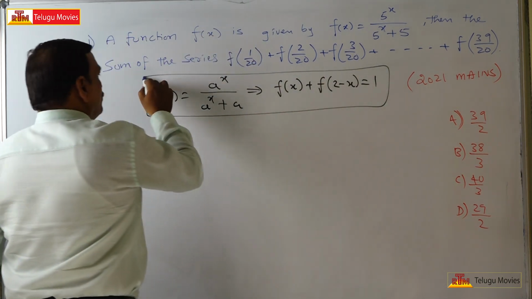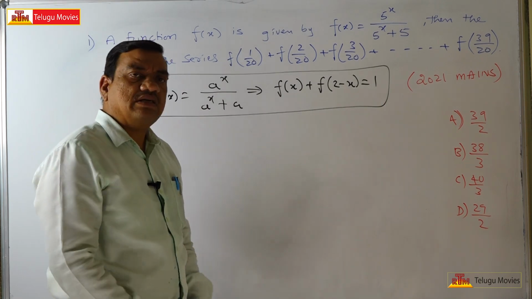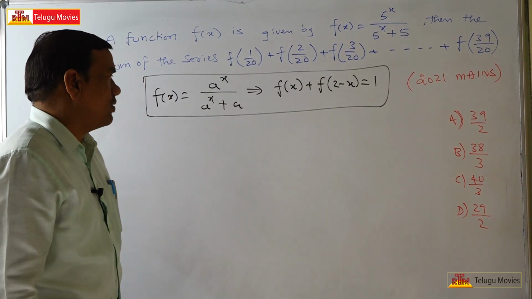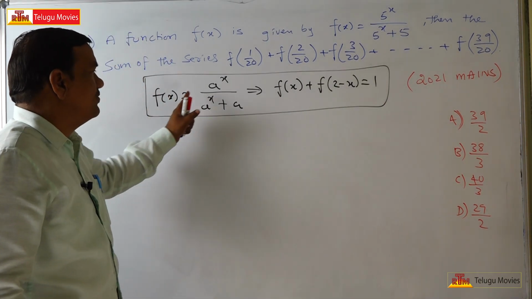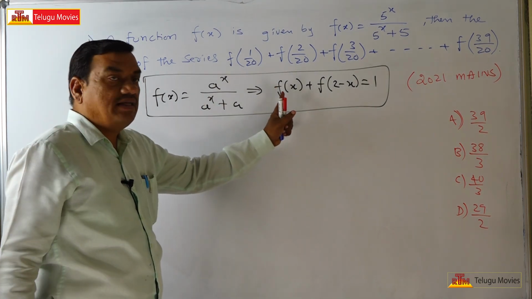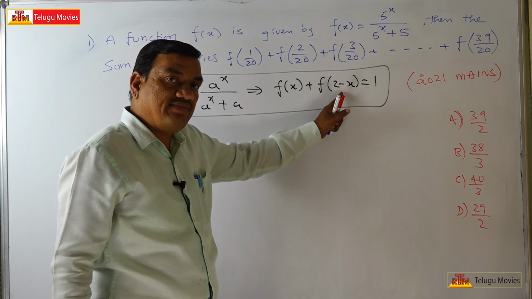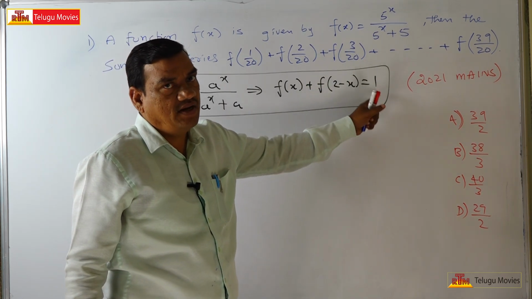You have to learn this result, otherwise it is somewhat difficult to do this problem. That means if your function is of the form a power x upon a power x plus a, then the value of f of x plus f of 2 minus x is 1.